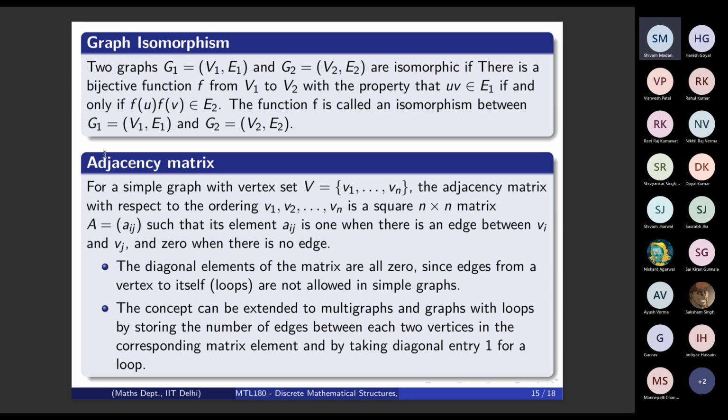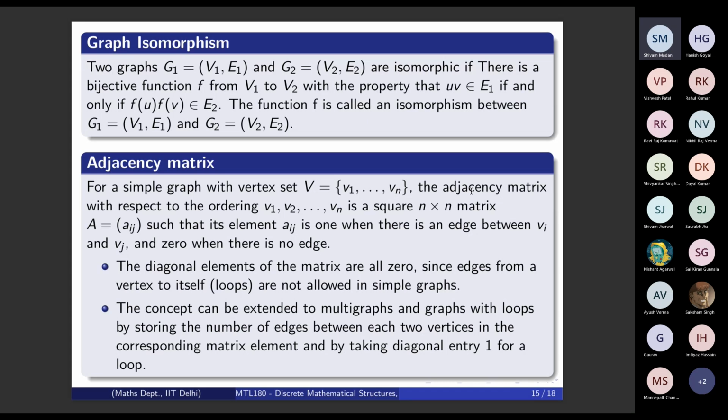And another one is the adjacency matrix. Again, we know what adjacent means, right? And here we are writing it as an adjacency matrix. Let G be a graph, and this is the vertex set V1, V2 up to Vn. Therefore, this graph G has n vertices.